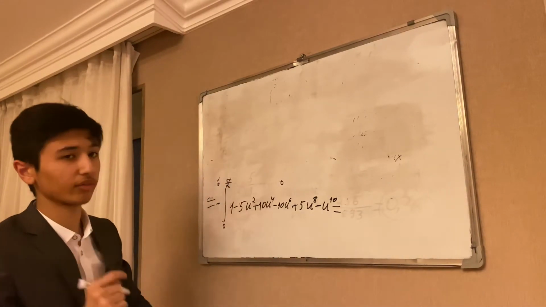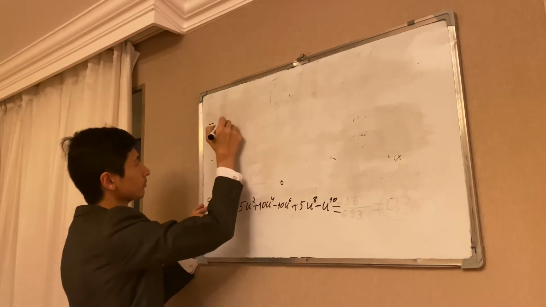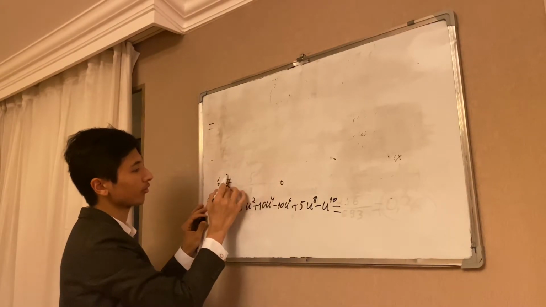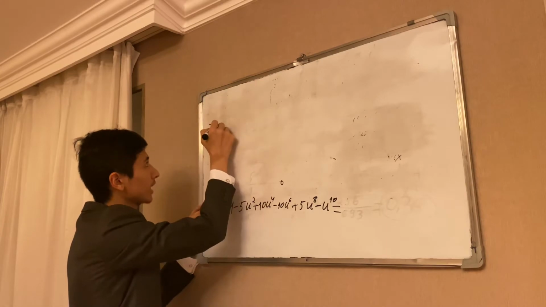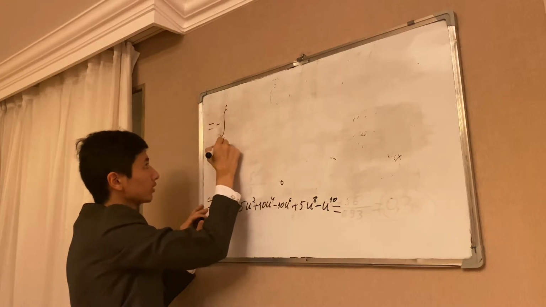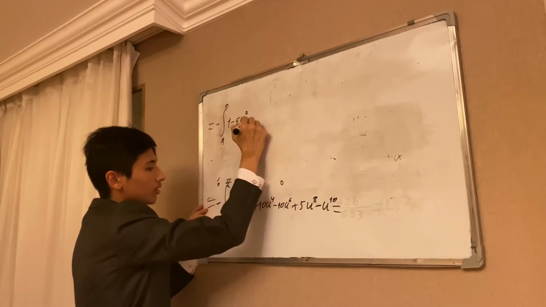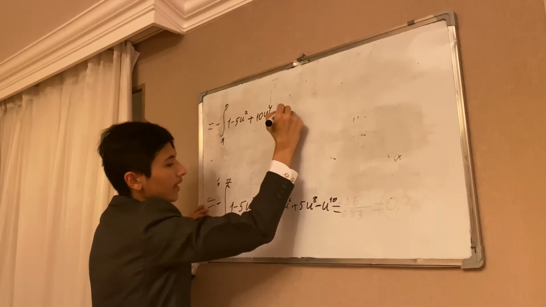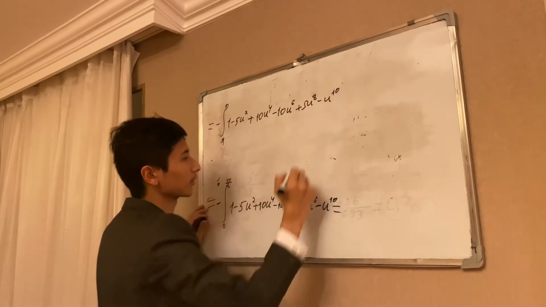So we have to find the antiderivative of this expression. I want to get rid of pi over 2 and 0 and write the limits 1 and 0 instead, from 1 to 0 for 1 minus 5u squared plus 10u to the power 4 minus 10u to the power 6 plus 5u to the power 8 minus u to the power 10.